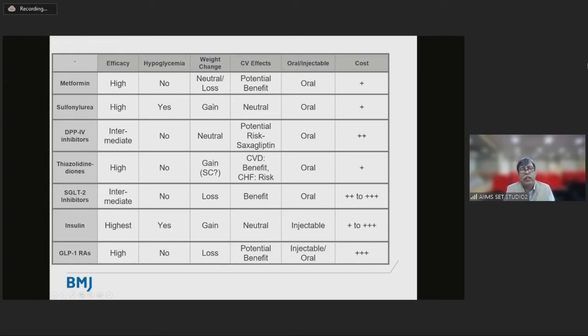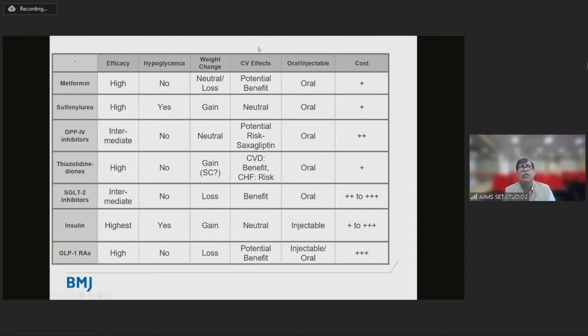Again, weight gain is a concern with secretagogues, but not with the ones which cause glucose-dependent insulin release, which are DPP-4 inhibitors. And of course, the most weight gain can happen with insulin.